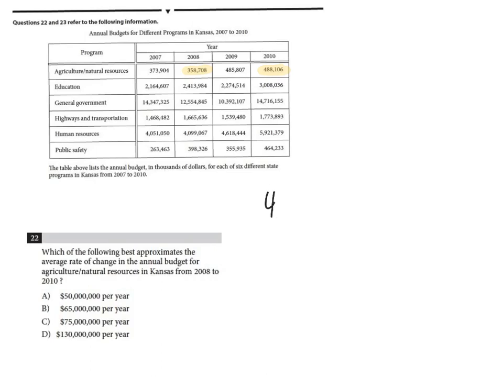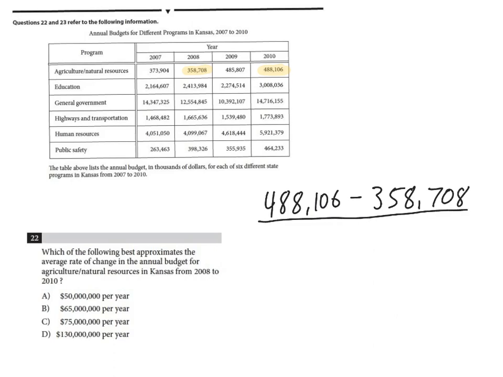So we've got 488,106 minus 358,708 over the change in our input, which is years. Well, it's going to be 2010 minus 2008. Okay, so I'm going to pull up my calculator here.